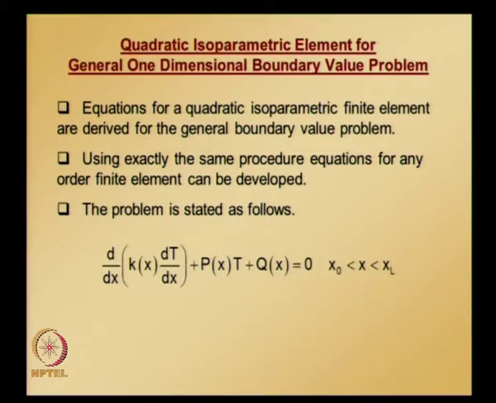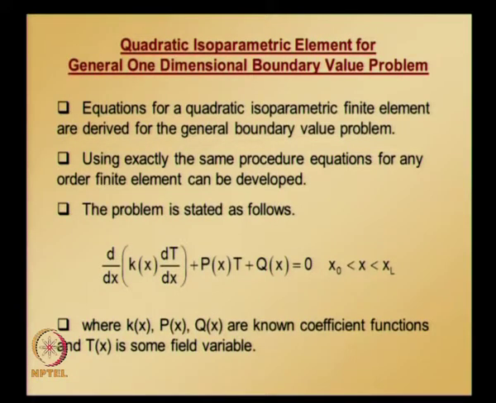This is a second order differential equation where k, p, q are some known coefficient functions and t is some field variable, and we need to solve this second order differential equation over the domain where the lower bound of x is x naught and upper bound of x is xl.